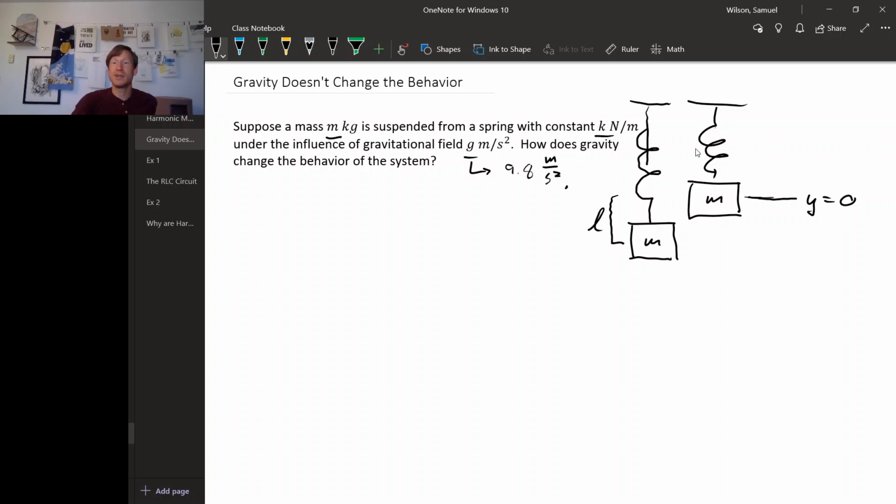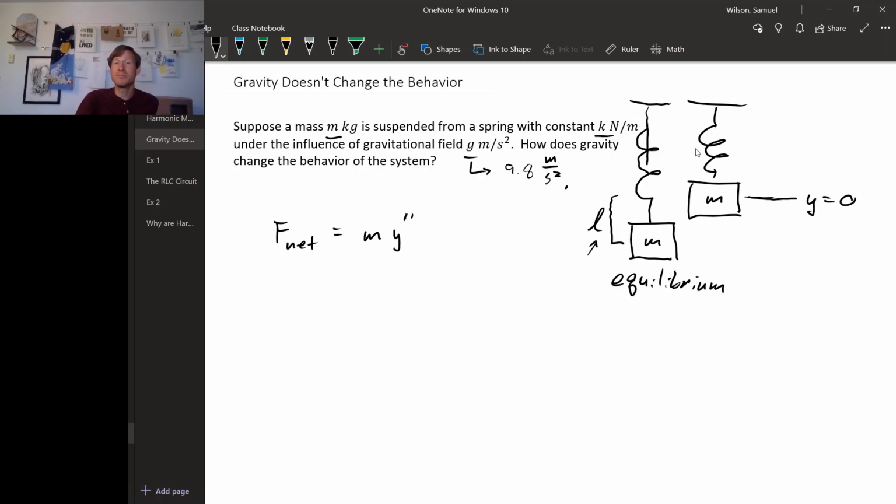Now, in this situation where the mass isn't moving, we can use Newton's second law to figure out something about L. So this is the equilibrium situation. Newton's second law says the net force is mass times acceleration, and acceleration is y double prime.